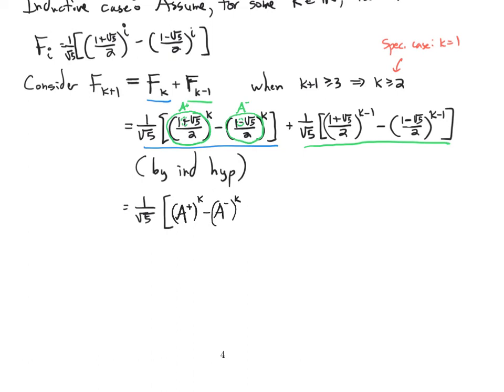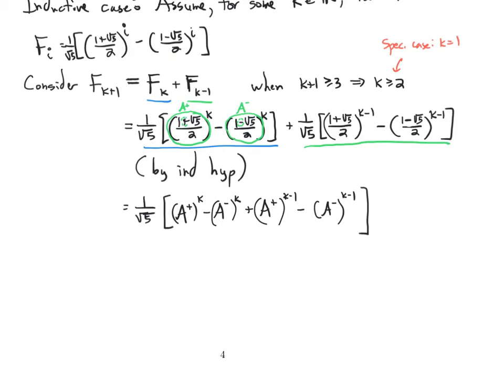And then we factor out that 1 over root 5, so we have plus a plus to the k minus 1 minus a minus to the k minus 1. And this is just a little bit of notation. Remember, this a plus just stands for this 1 plus root 5 over 2, and this a minus stands for 1 minus root 5 over 2. That's just some ad hoc notation I made on the fly, just to make it a little bit easier to write down and see what's going on.